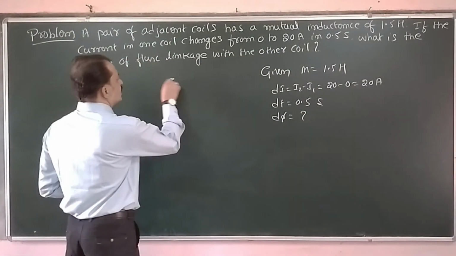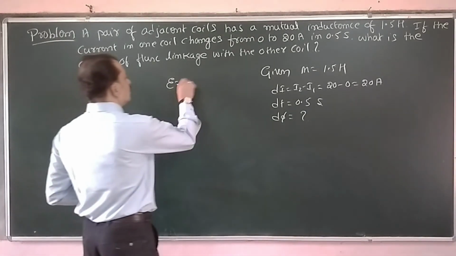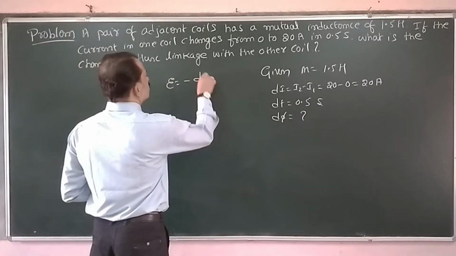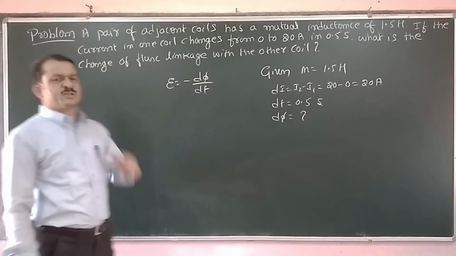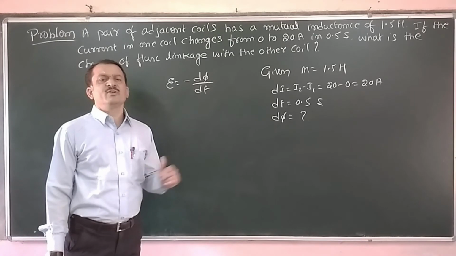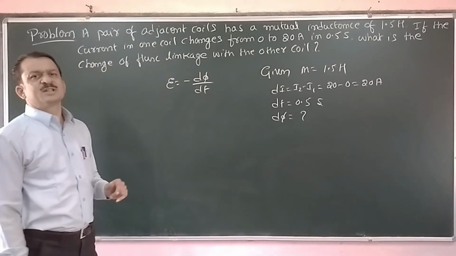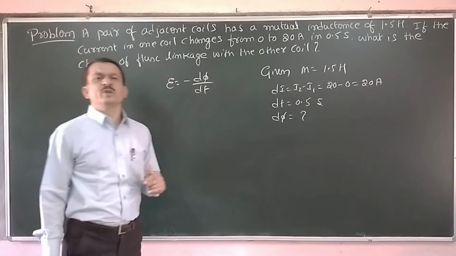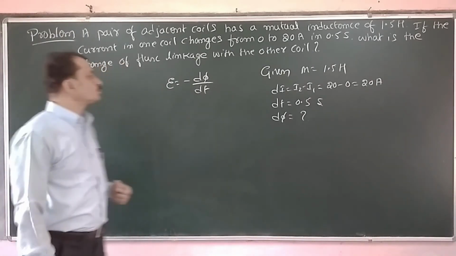Now we know that according to Faraday's law, the magnitude of the induced EMF is given by the rate of change of flux linkage. The negative sign gives the polarity of the induced EMF according to Lenz's law.